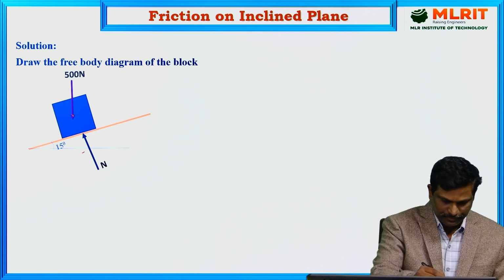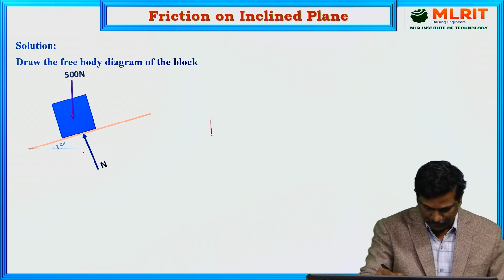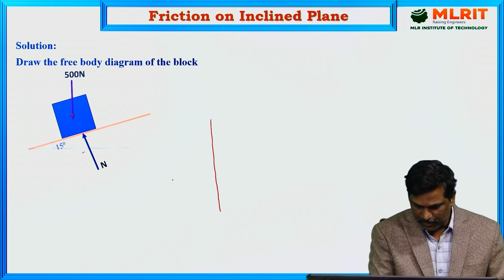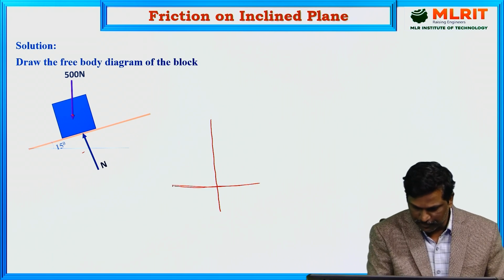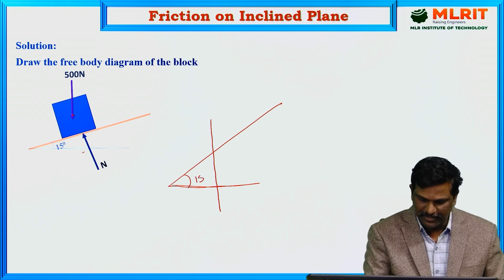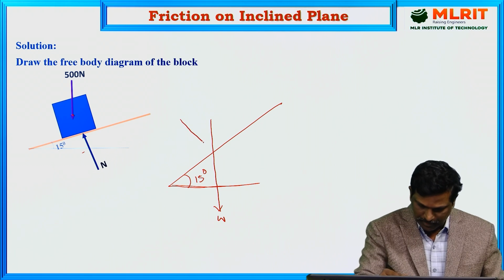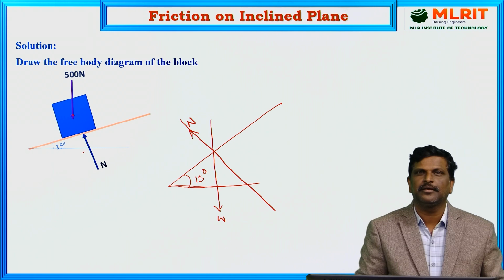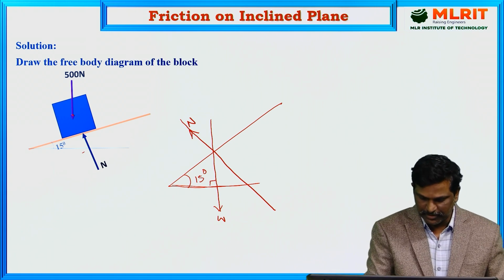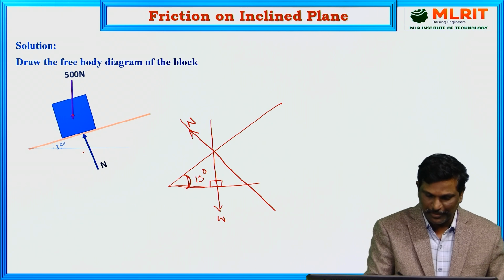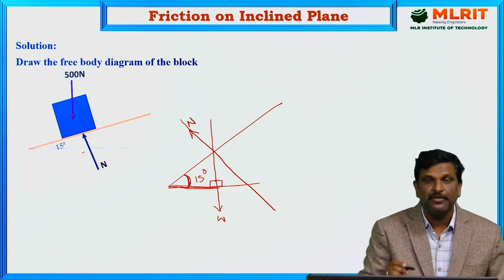See here, the weight acting vertically downwards, and this is horizontal, and the plane is at an angle of 15 degrees, and this is weight. Our normal reaction is perpendicular to the contact surface. This is normal reaction. Now look at the diagram. This is 90 degrees and this is also 90 degrees. So here the plane is making 15 degrees with horizontal.